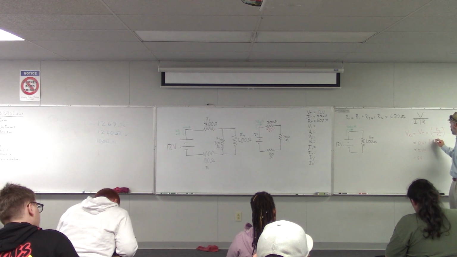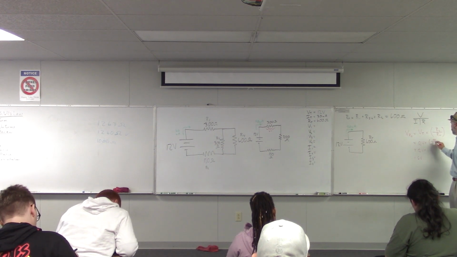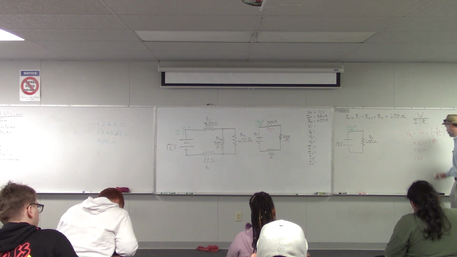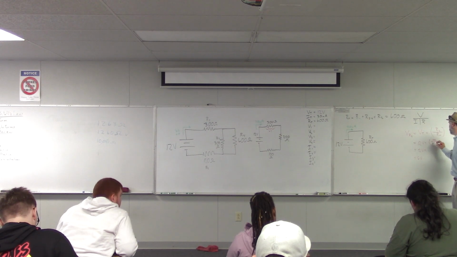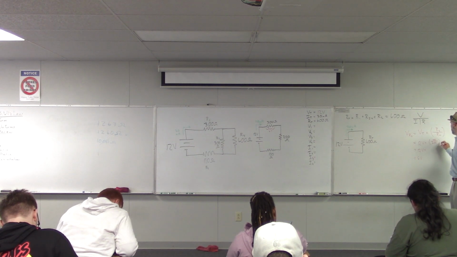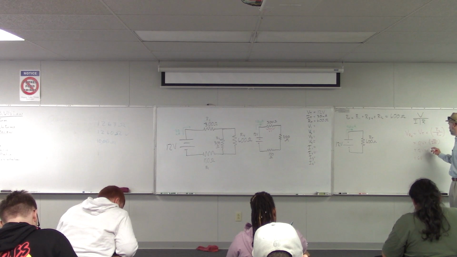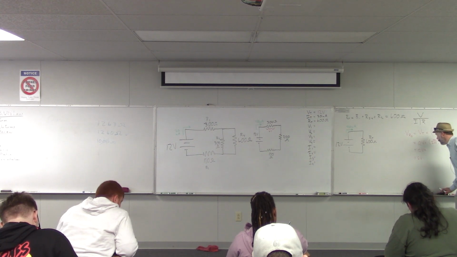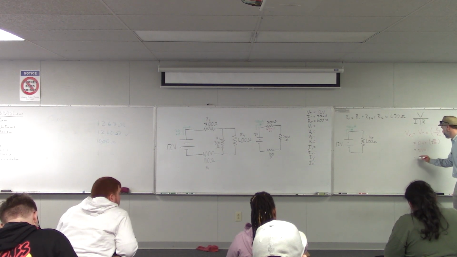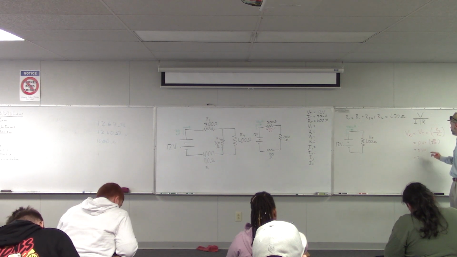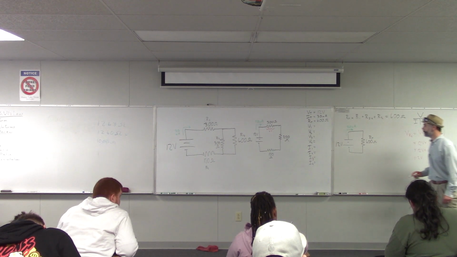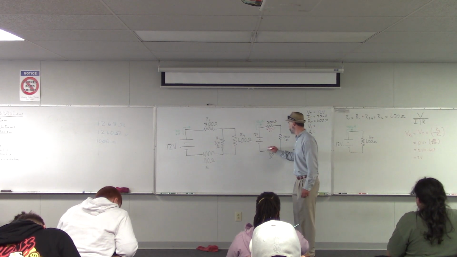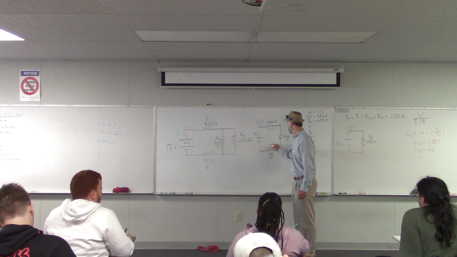So that would be 100 over 600. So that's a sixth of 12. That comes out to be 2 volts. So we have 2 volts there.